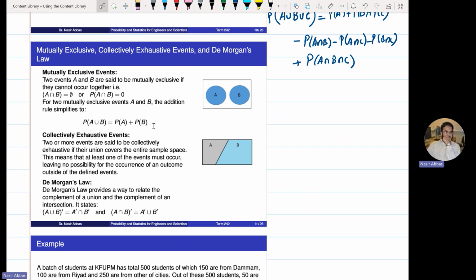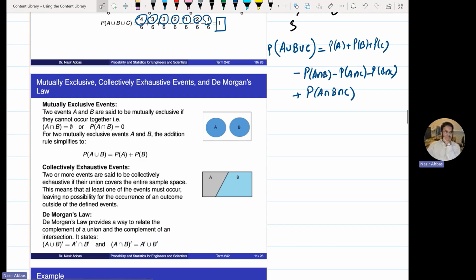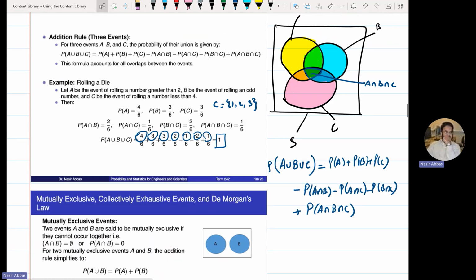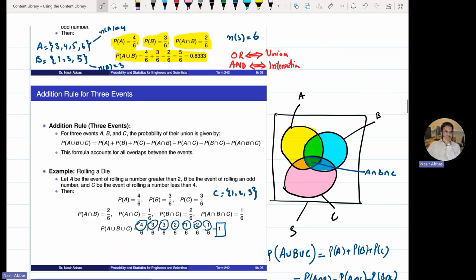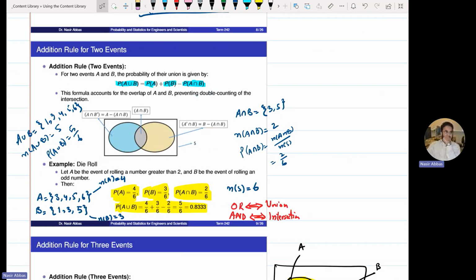And when the intersection is phi, what would that mean? That the probability of their intersection is 0, which means that the addition theorem that you took in the previous slide will be limited to probability of A union B equals simply probability of A plus probability of B.